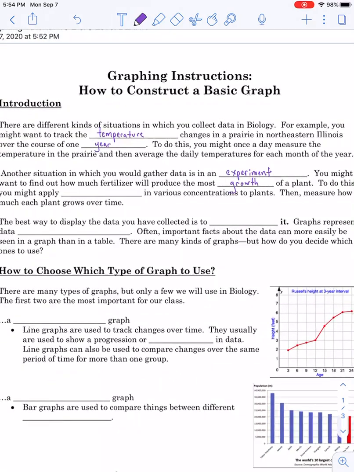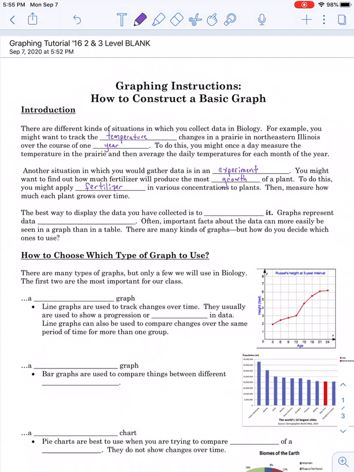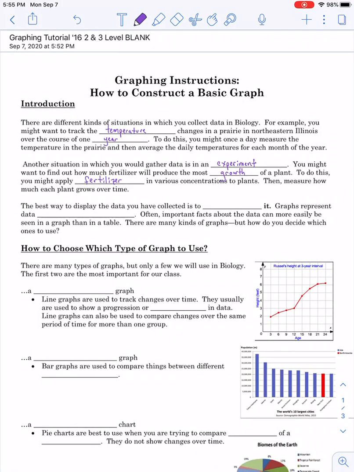And so you apply fertilizer in various concentrations. And then you measure how much the plant grows over time.